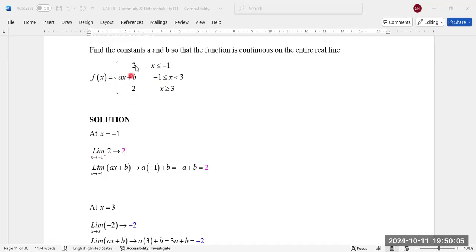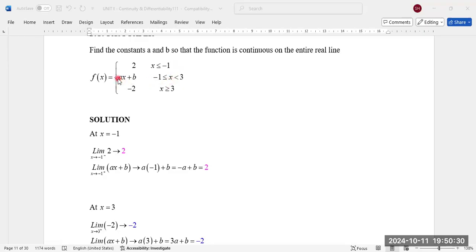Because it is supposed to be continuous on the entire real line, as Tajay said, it means that whatever works out right here when I substitute -1 into this function, which is x going to the right, it must be equal to 2 in order for the function to be continuous. So I'm going to look to the right of -1.